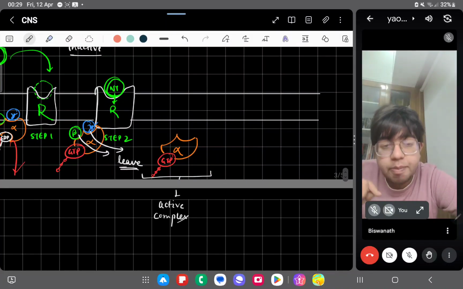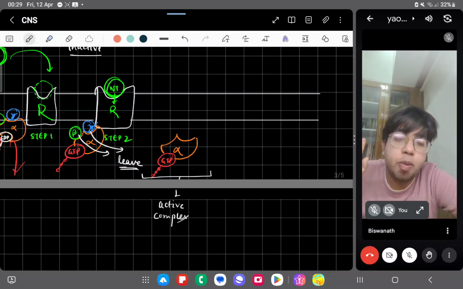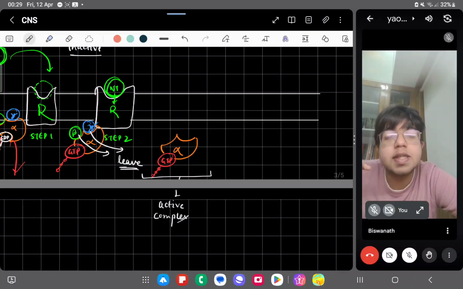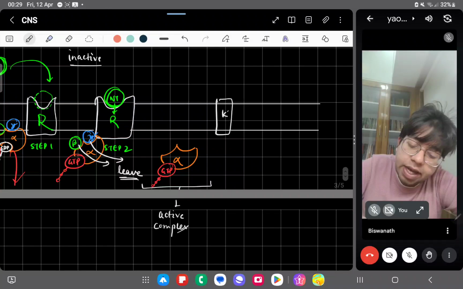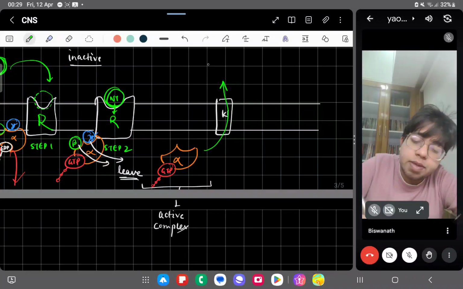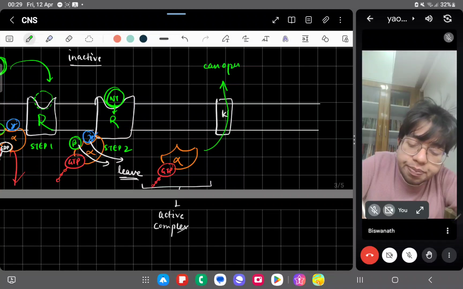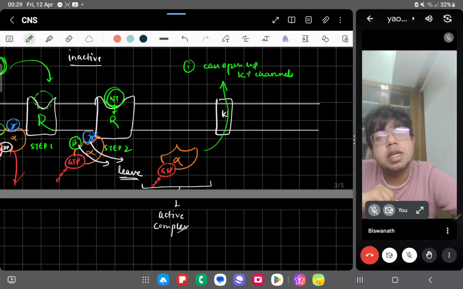This active complex is the basic thing which will do 4 functions. It has 4 possible functions. Either it can open up the potassium channels. Here we have, let's say, K plus channels. This active complex can open up the K plus channels. That is the first function.